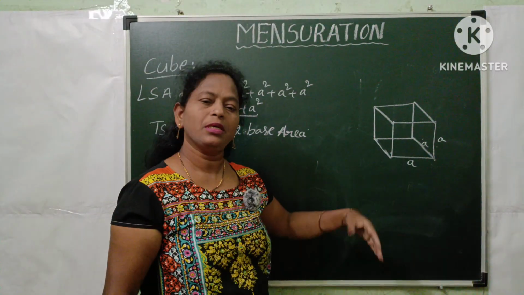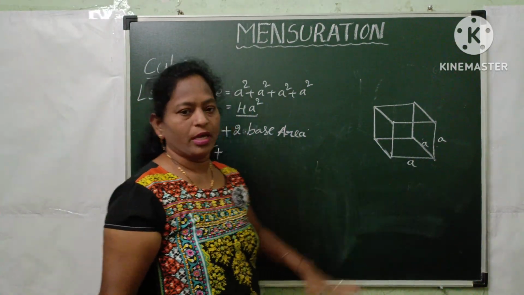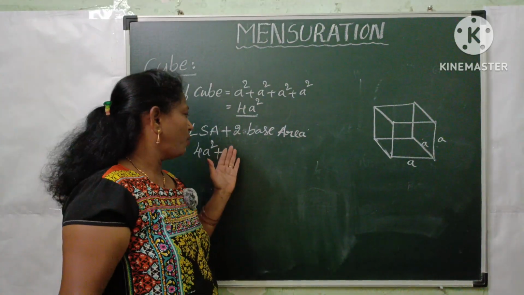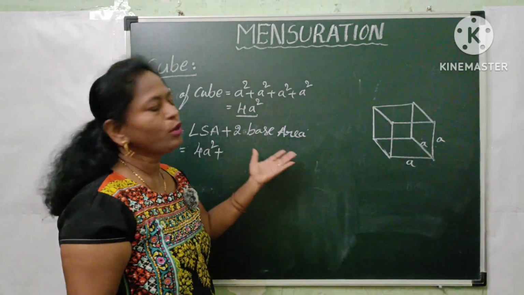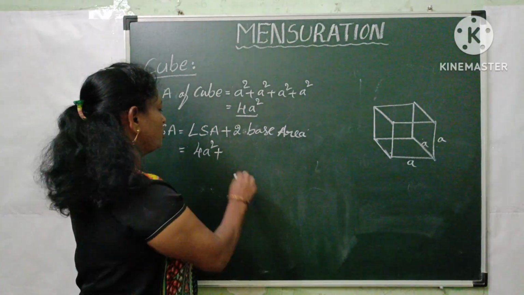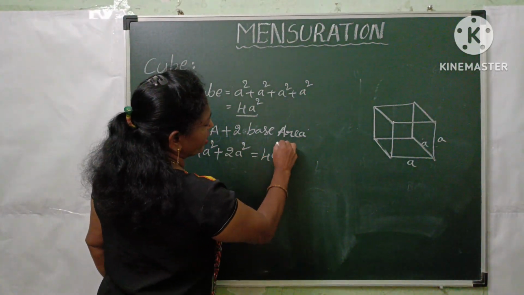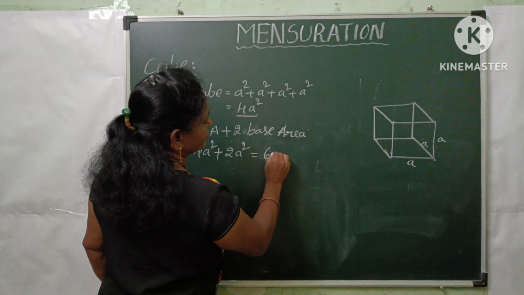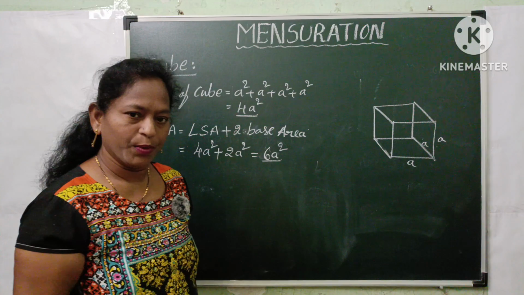Base is a square shape, top also square shape, means A square. Base area plus top area, or else 2 into base area, same only. So 2 into A square. That is equal to 4A square plus 2A square, 6A square. This is the total surface area of the cube.